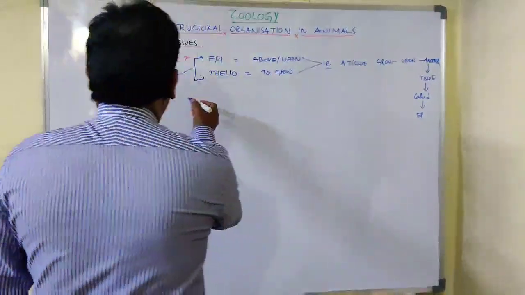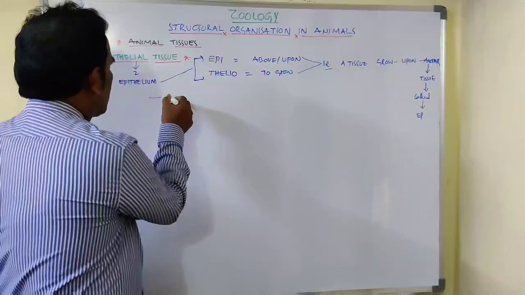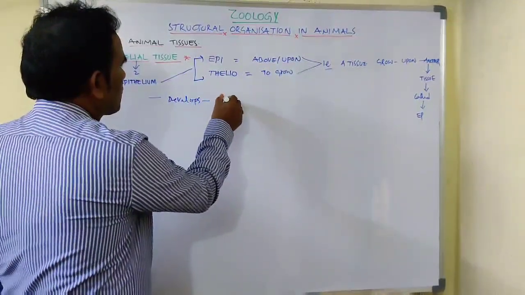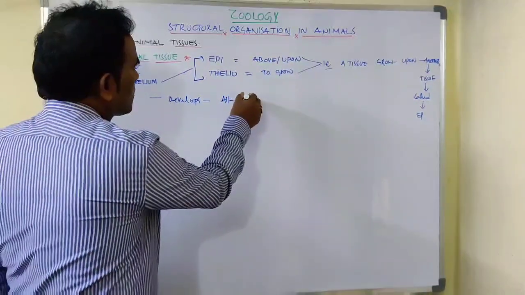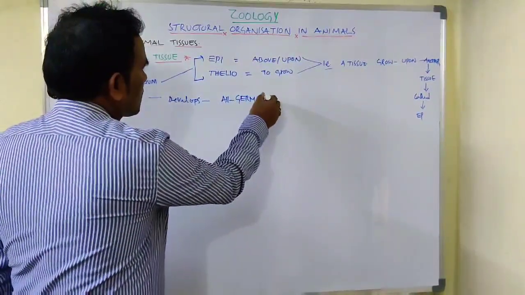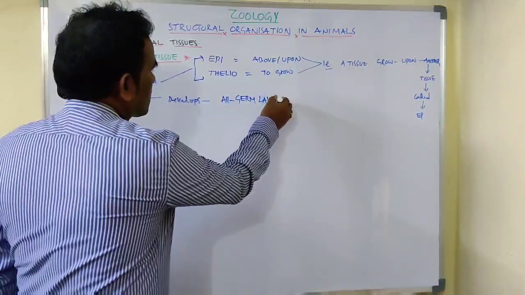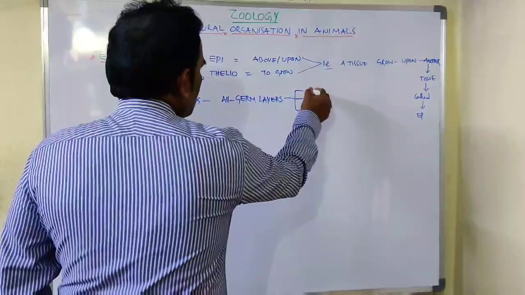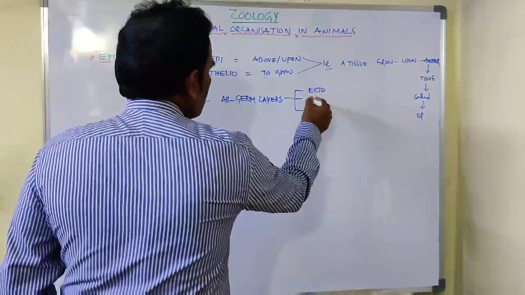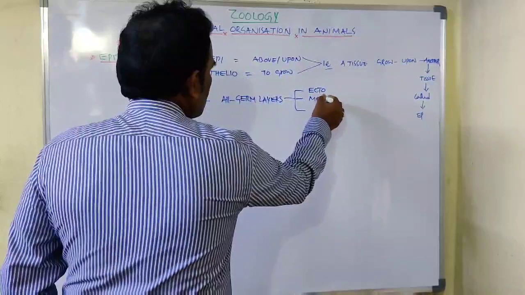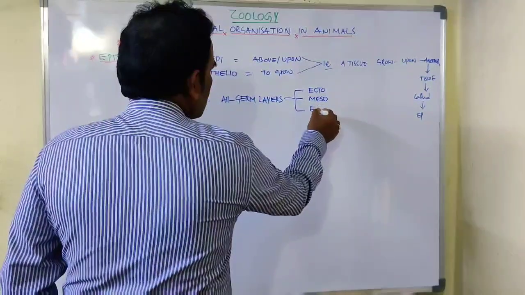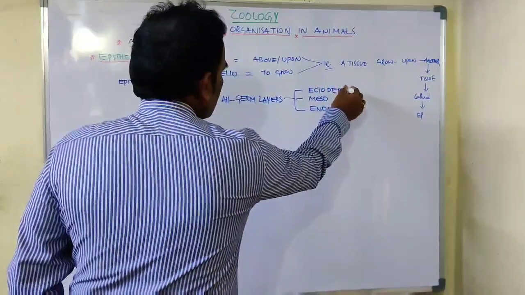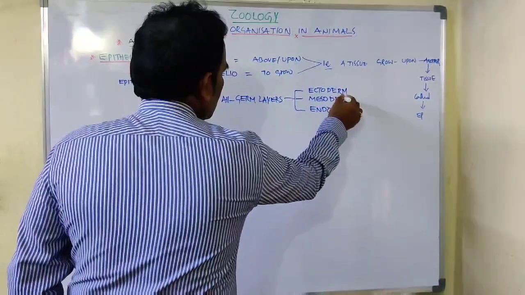The epithelium develops from all germ layers, like you know the germ layers: ectoderm, mesoderm and endoderm.